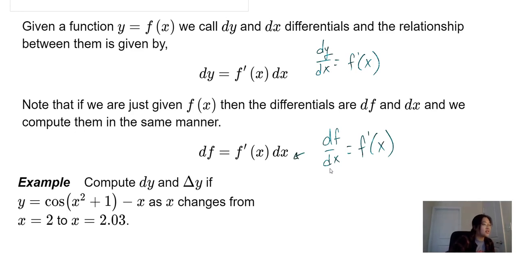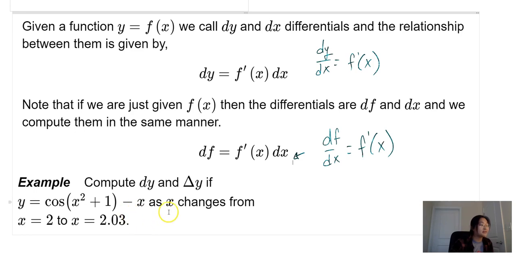So let's look at this example where we're computing dy, which is our differential, and our change in y for this function where we have cosine of x squared plus 1, all minus x, as our x value changes from 2 to 2.03. So this is a calculator kind of problem.